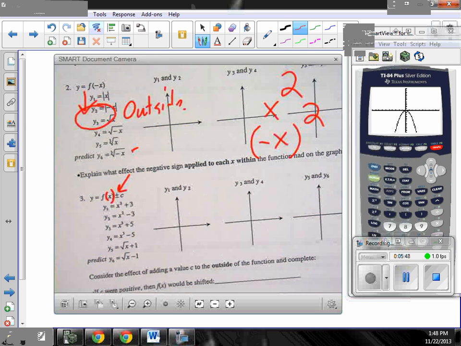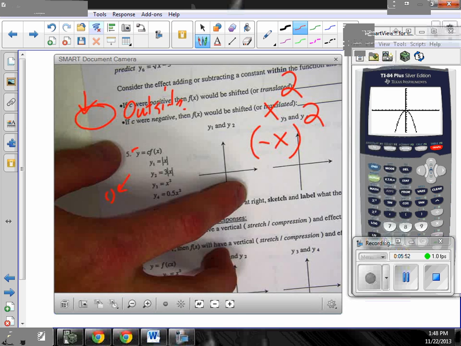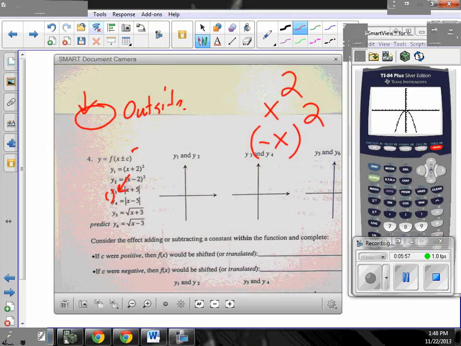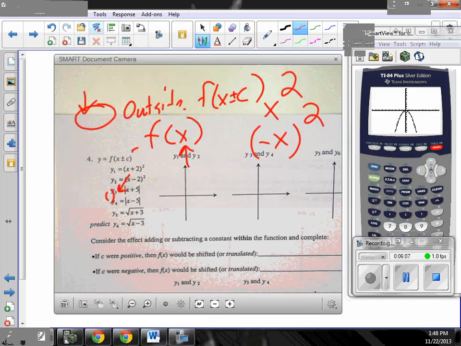When you flip the page over, this one. Now we take f of x, and instead of x, we write f of x plus or minus c. And that's adding inside. Adding outside and adding inside do two different things.